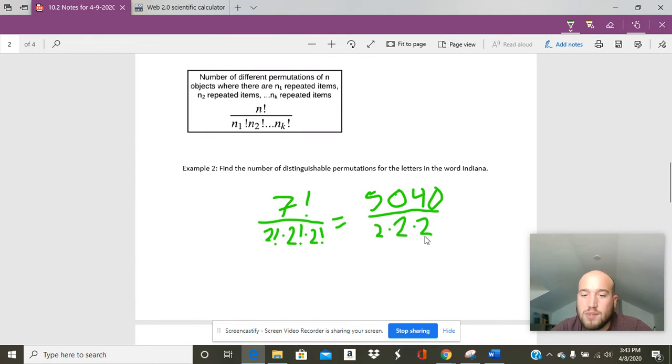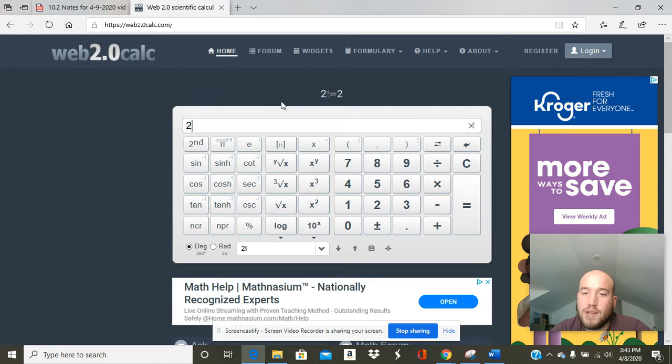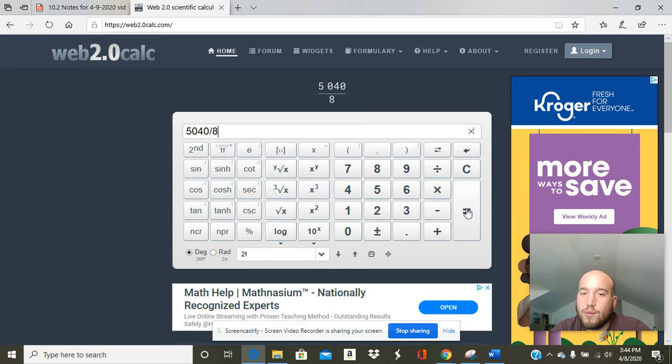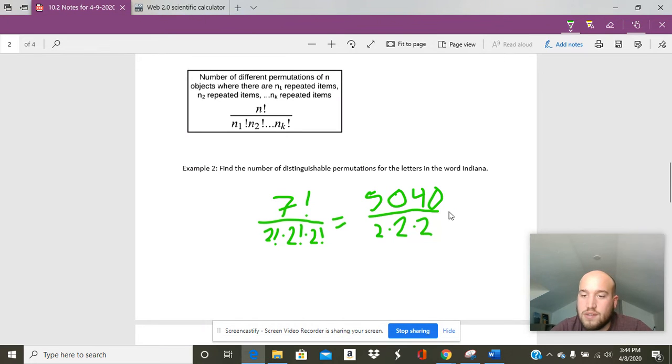Now be careful, 2 times 2 times 2, it's easy to say 6, but it's not. 2 times 2 is 4, 4 times 2 is 8. Okay, so then think about it, 5,040 divided by 8. So let's clear that, 5,040 divided by 8, and we get 630 different ways. 630 distinguishable ways.